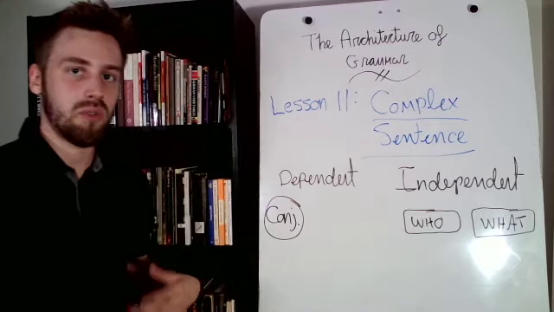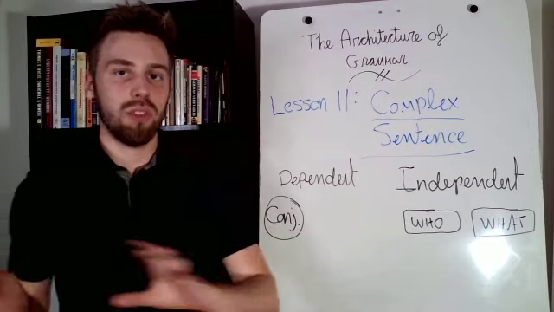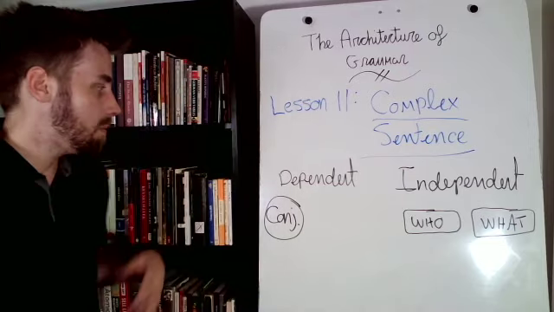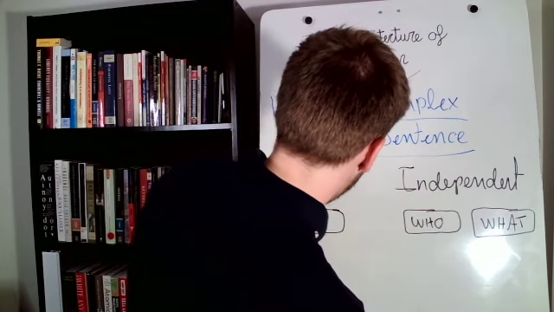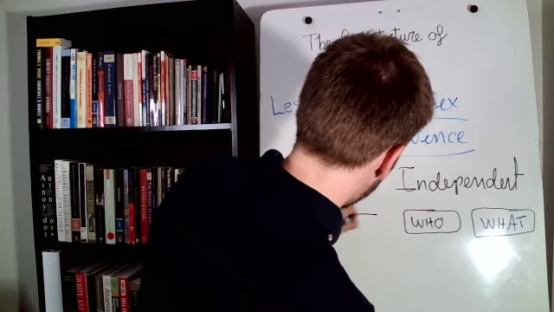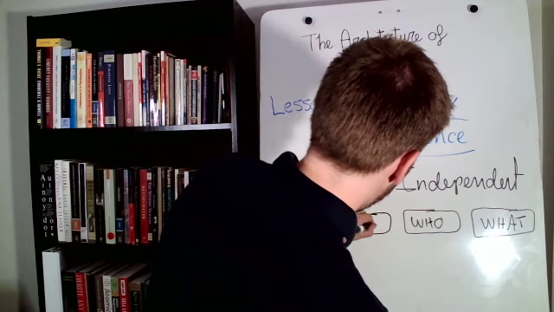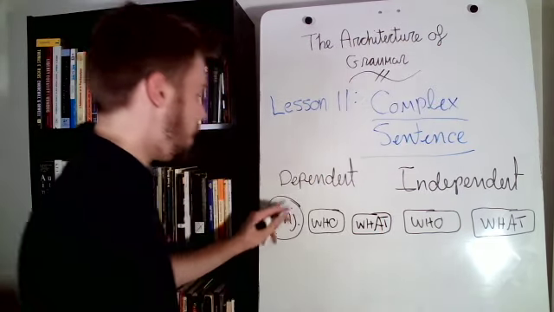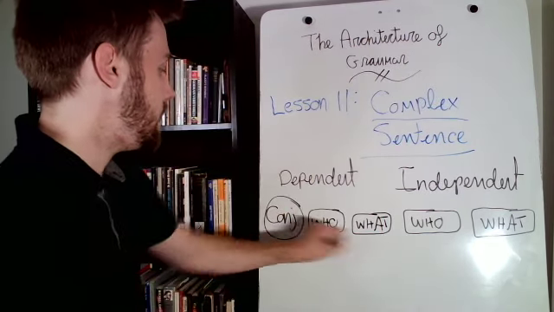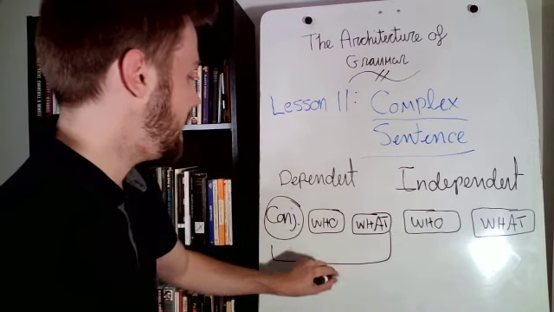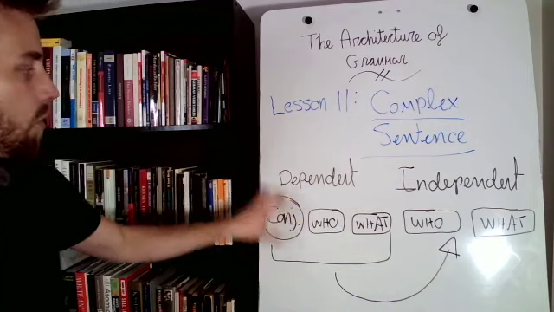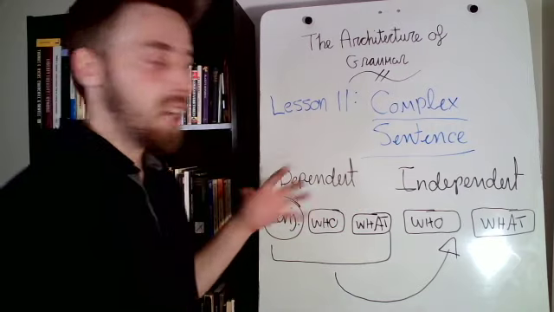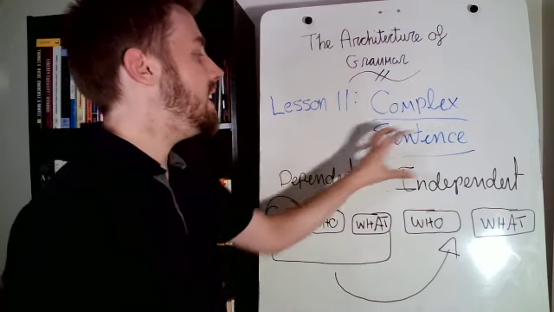There are a lot of different conjunctions which you can all find in the book, The Architecture of Grammar. But all these conjunctions make it so that the who and the what are dependent on this. So these do not tell the full story. These do not end the story, but these do.